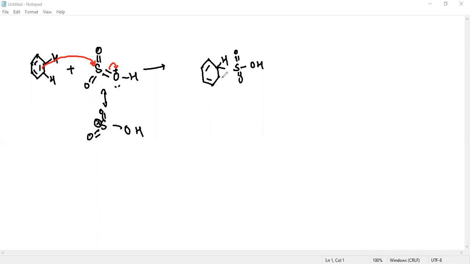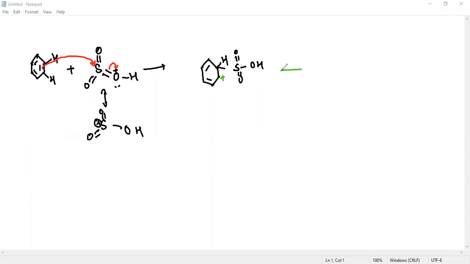So we do realize here that there is a positive charge on this carbon here. So let me draw it in this way. We have a positive charge. So this carbocation is existing here. So you know the next step.